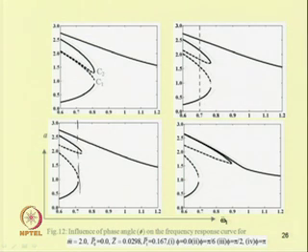Up to a certain part, the system has a multi-stable region. For example, this is a stable state, this is the second stable state and this is the third stable state, and after this point the system will have only the non-trivial solution.